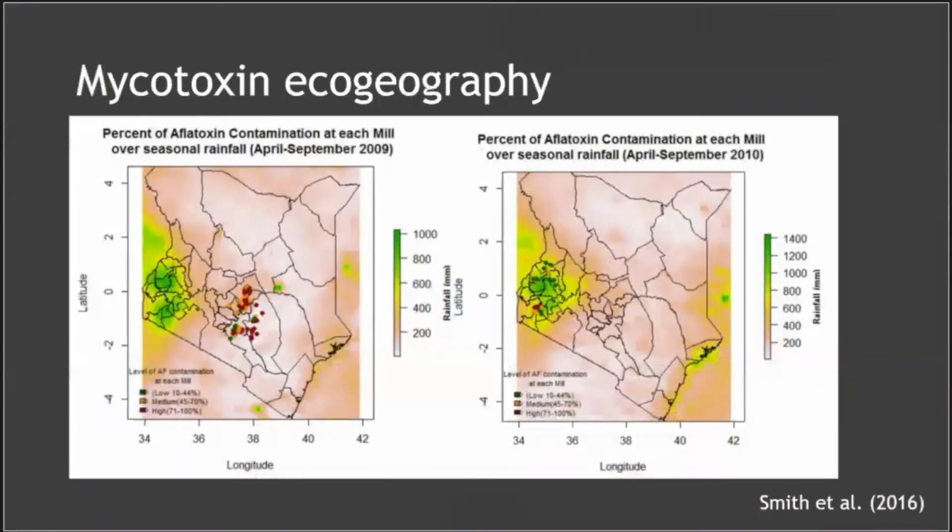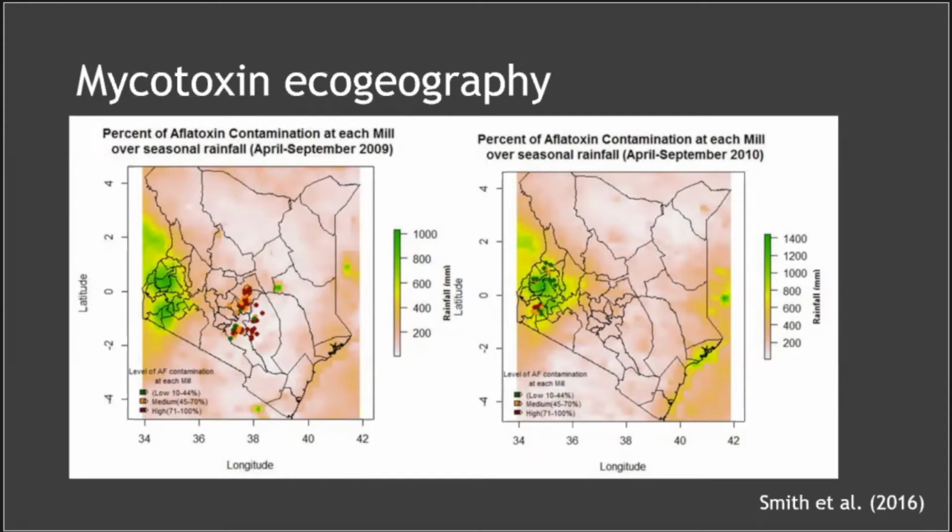So from a landscape-wide scale, these toxins are highly influenced by the environment. In a nice study done by Laura Smith and Samuel Matiga from our lab, they looked at eastern and western Kenya, where there's sort of more rain versus semi-arid areas in eastern Kenya, and found that here in the semi-arid areas, there's more aflatoxin, while in the rainier areas, there's less aflatoxin.